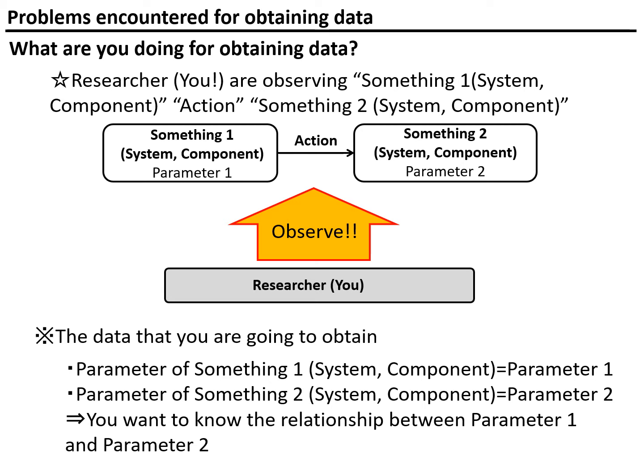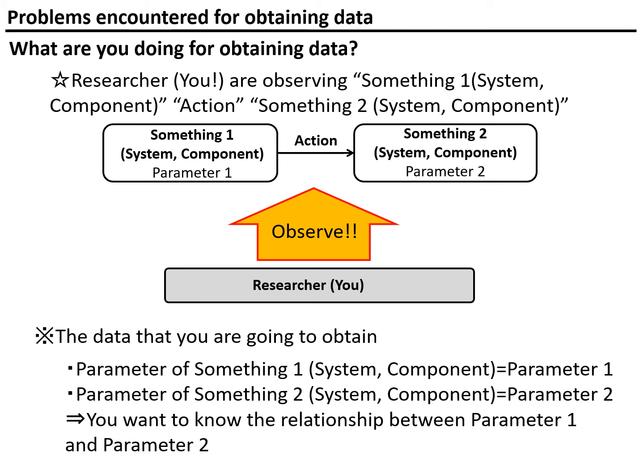So I want you to think about what you're doing for obtaining data. I do believe the researcher, probably you, is observing something one, actually a system component, which acts on something two, another system component. As shown in this illustration, you should be observing the change of parameter 1 and the change of parameter 2.